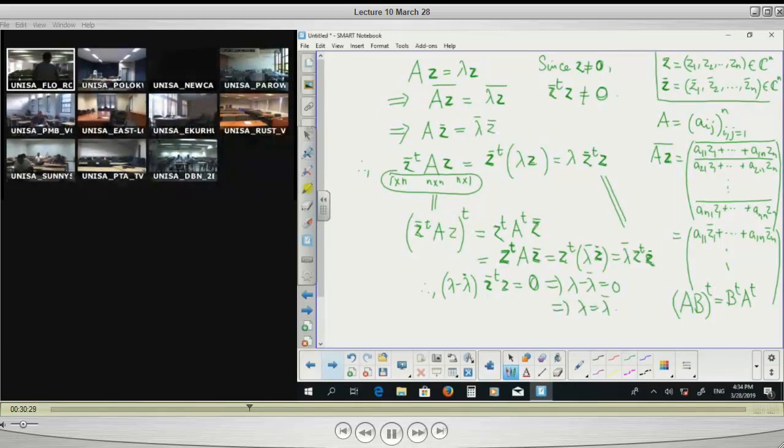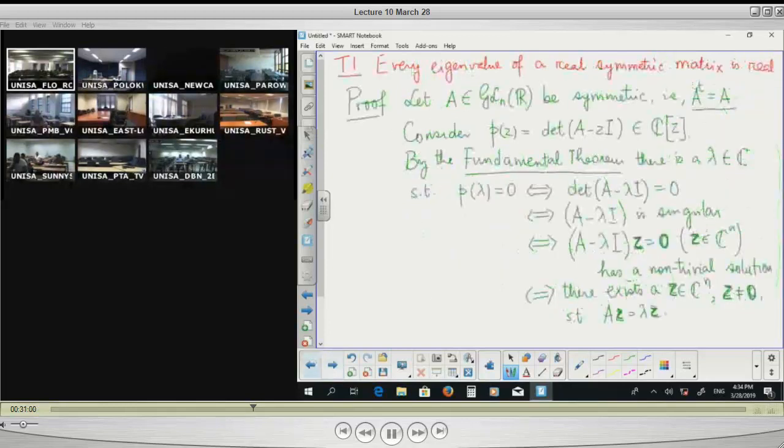Okay? Yeah? So, what did I show? I showed that if I take a complex root of this equation, that complex number is a real number. Right?